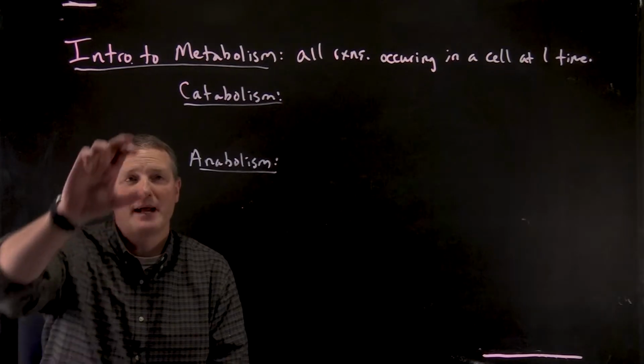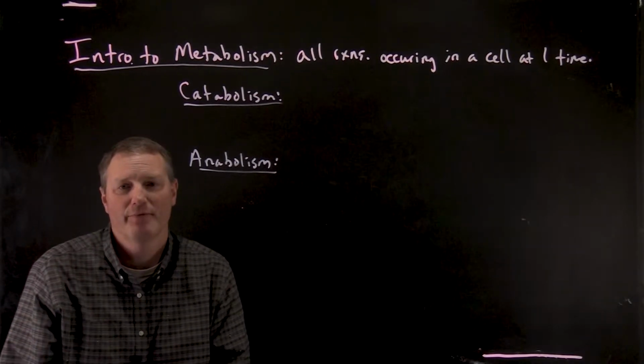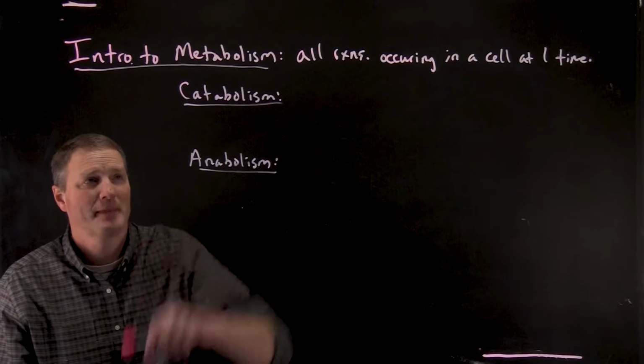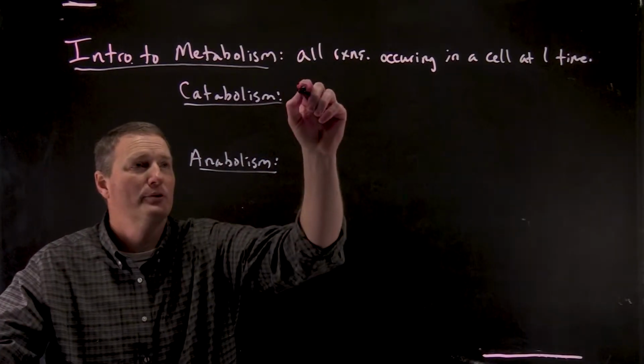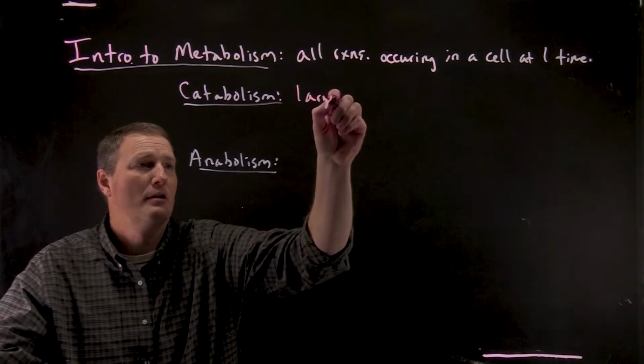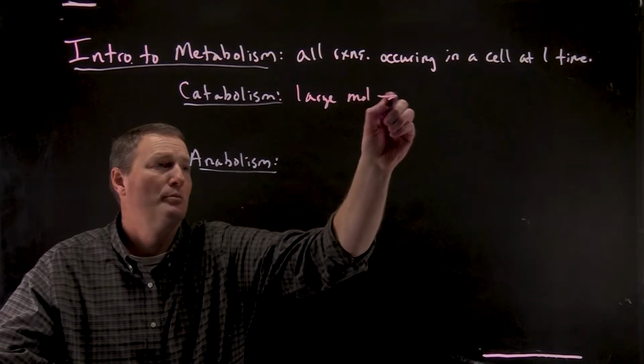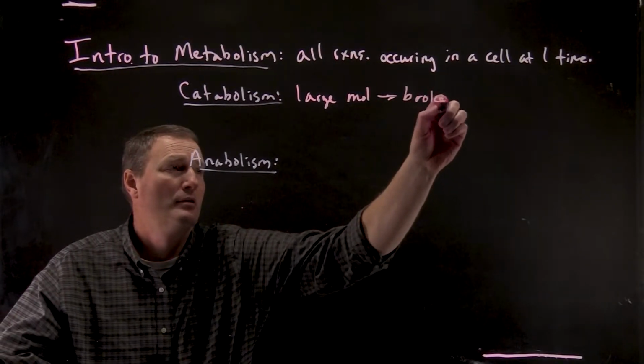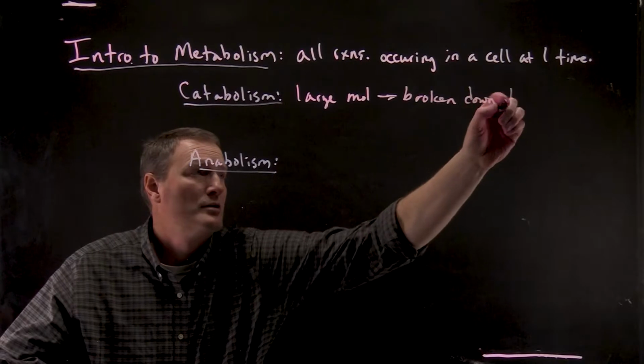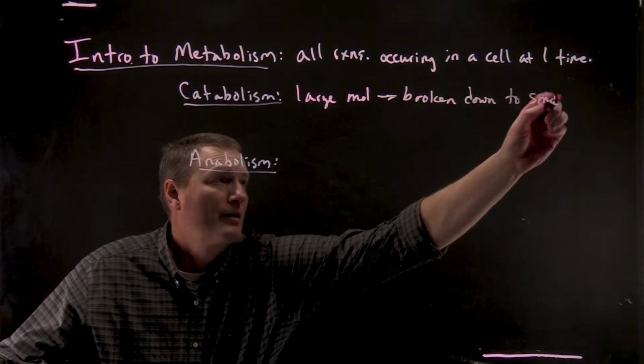We can break metabolism down into two main types of metabolism. First is what's called catabolism, and this is where large molecules are broken down to small molecules.